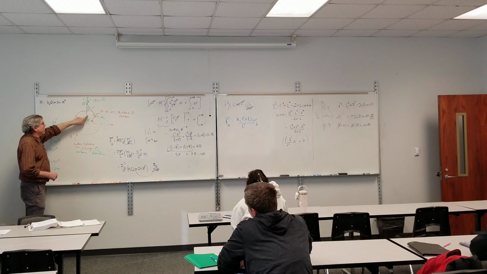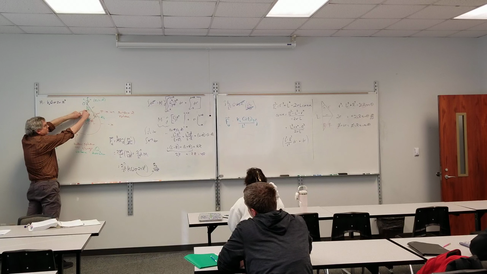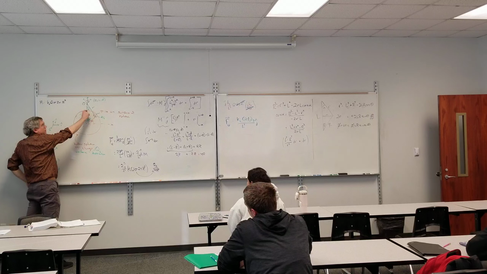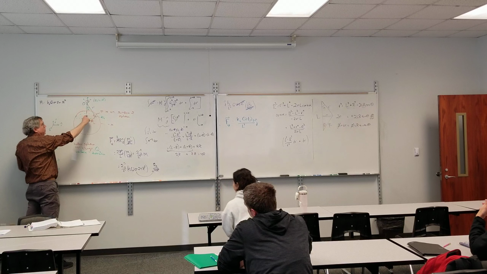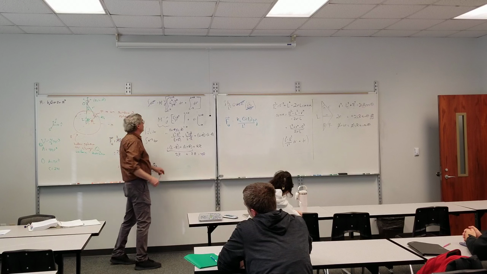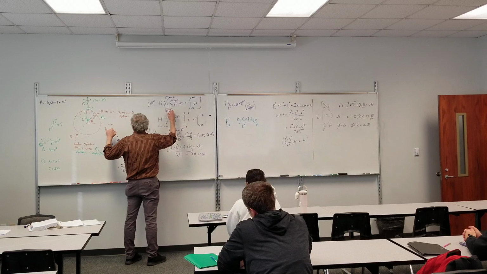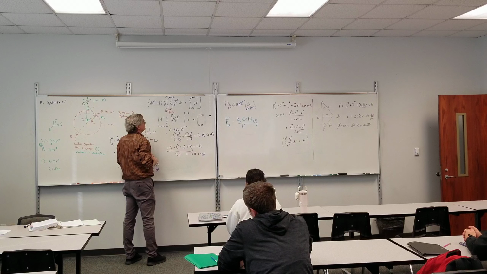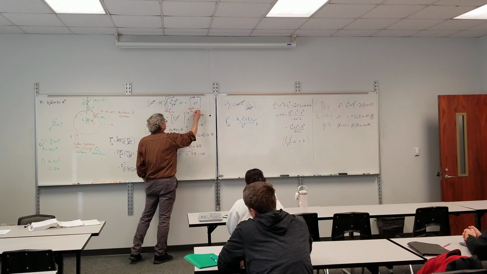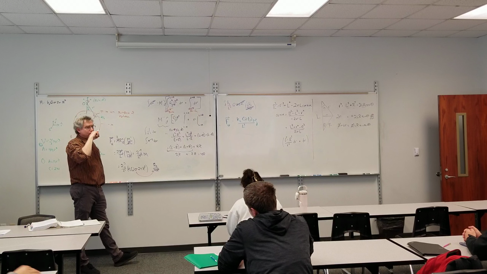So if we are inside, let's say we are here, so L is less than big R, the shortest distance is going to be R minus L. And the longest distance will be R plus L. So the limits of integration would change to R minus L, and that's still L plus R. That works for both a hollow sphere and the uniform density sphere.